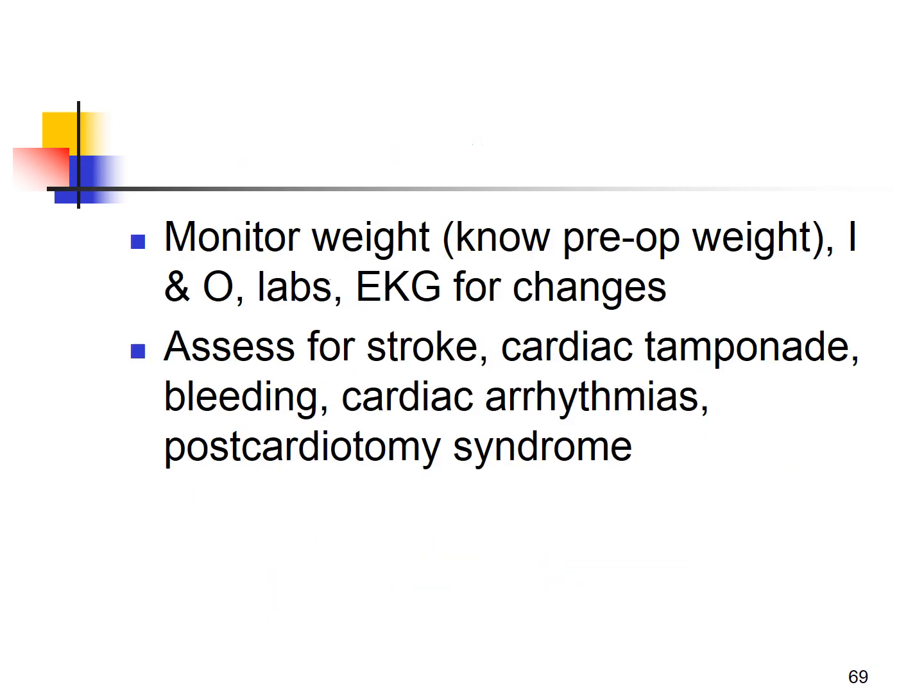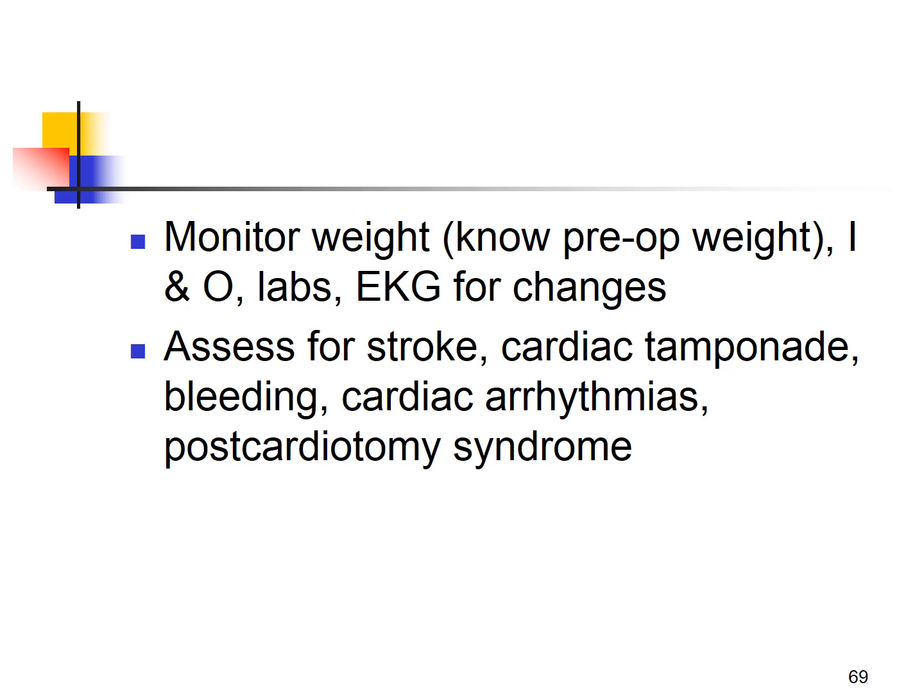Next slide. We're going to monitor the weight. It's important to know the before and after weight, so the pre-op weight is important. Monitor the intake and output, intake should be equal to output. The labs, the potassium, the electrolytes, the EKG changes, assessed for stroke, cardiac tamponade, bleeding, cardiac dysrhythmias, and postcardiotomy syndrome.